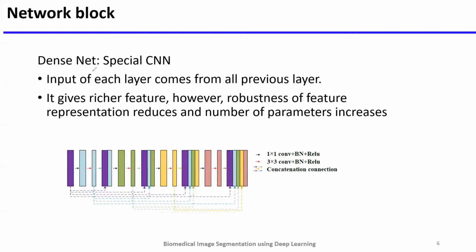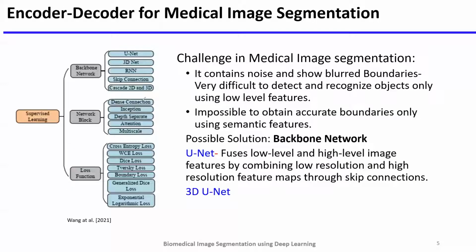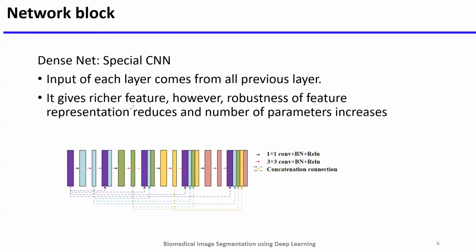DenseNet is used as a network architecture, especially in the encoding domain, for feature representation. This is a special case of CNN.